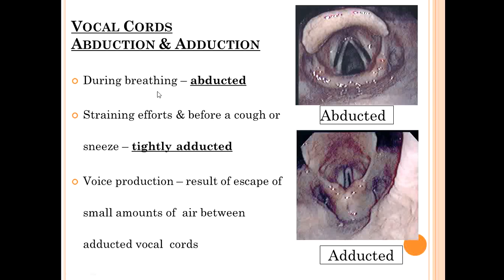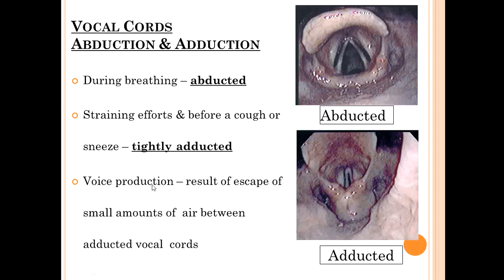During breathing, the vocal cords make space so that air will go inside, and that is abduction. During any kind of straining effort, or before a cough or sneeze, because the pressure should be increased, they will be adducted. Understood the difference between abduction and adduction of the vocal cord?